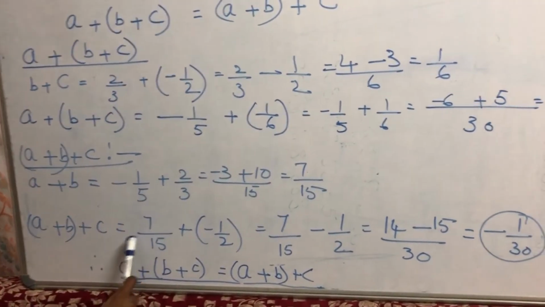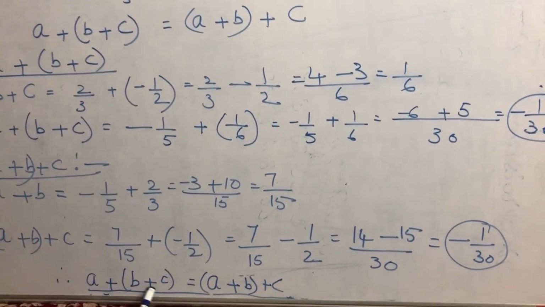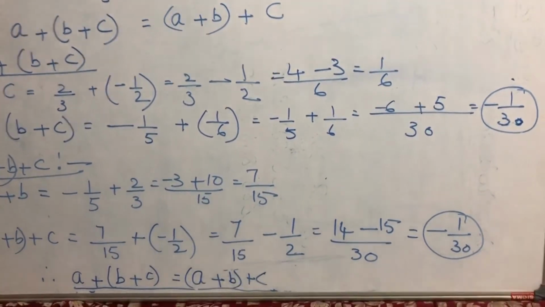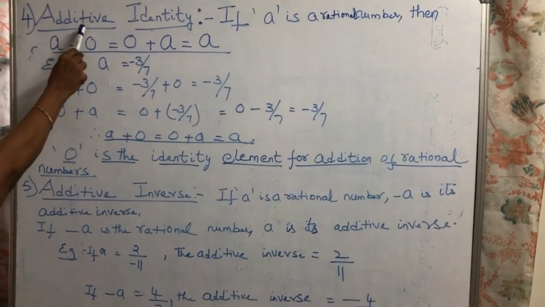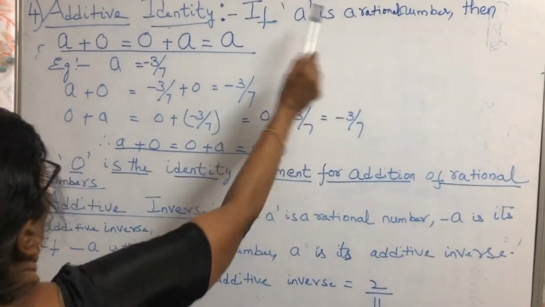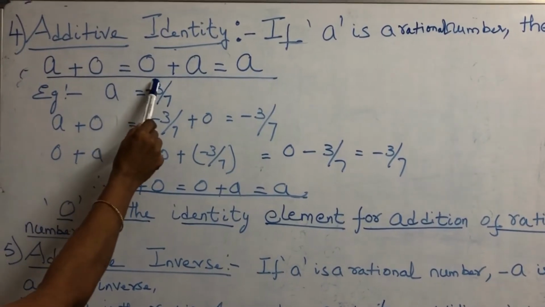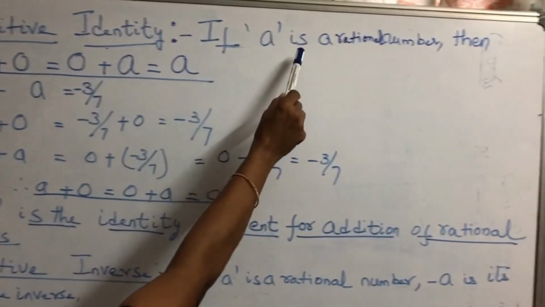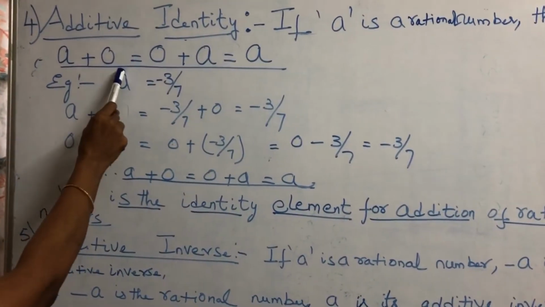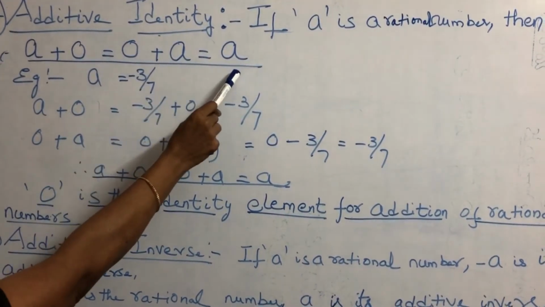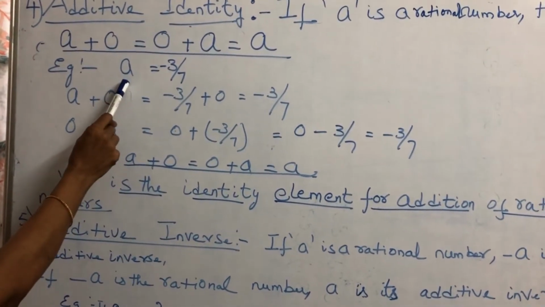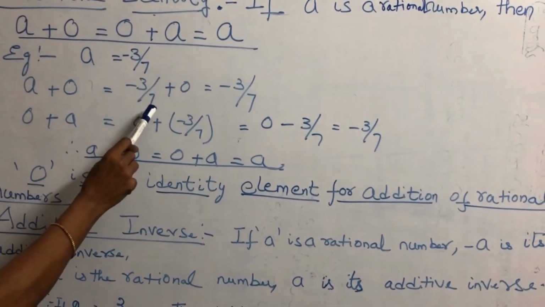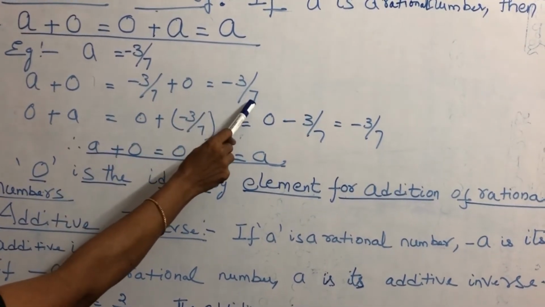From the two results, we have seen that A plus B plus C is equal to A plus B plus C. The fourth property is additive identity. If A is a rational number, then A plus 0 is equal to 0 plus A equal to A. For example, if A is equal to minus 3 by 7, A plus 0 is equal to minus 3 by 7 plus 0, which is equal to minus 3 by 7.